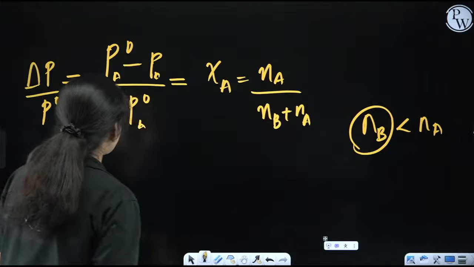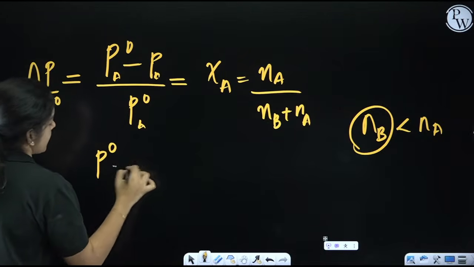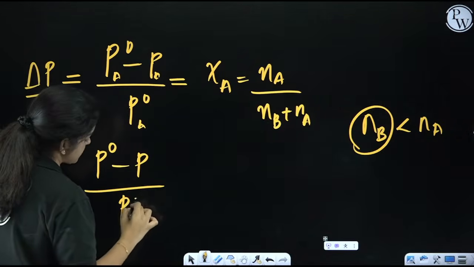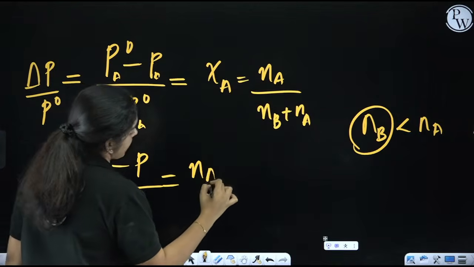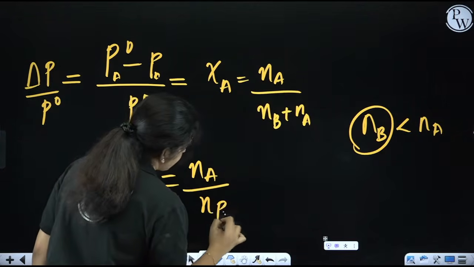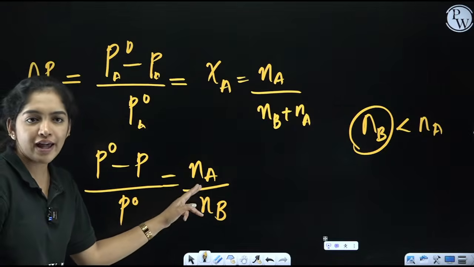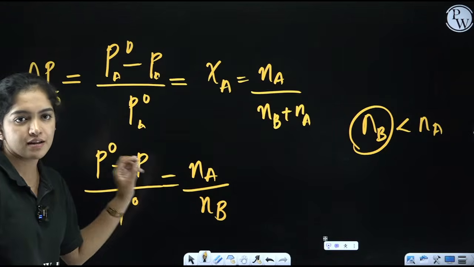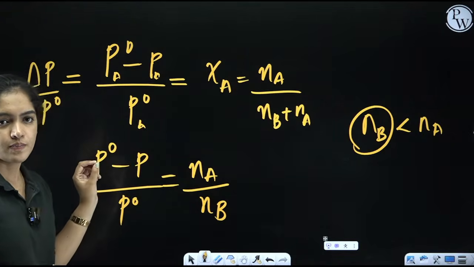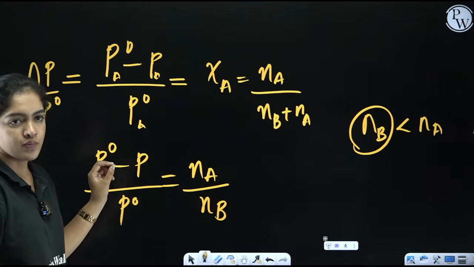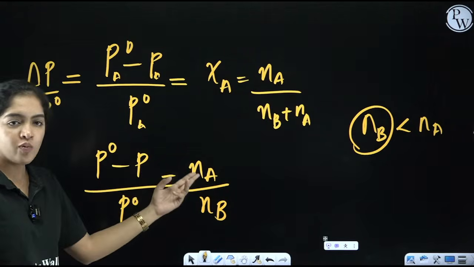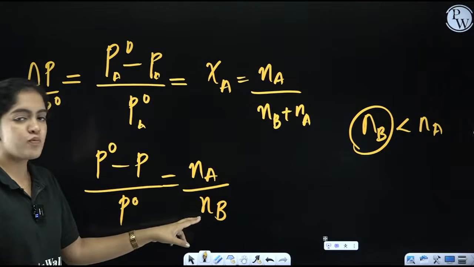So the final equation will be P0 minus P divided by P0 equal to Na divided by Nb. What is Na divided by Nb? Number of moles of A divided by number of moles of B.